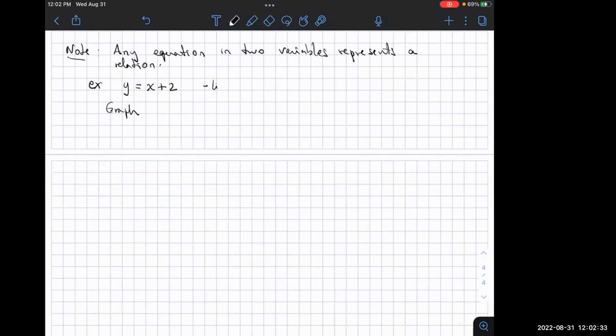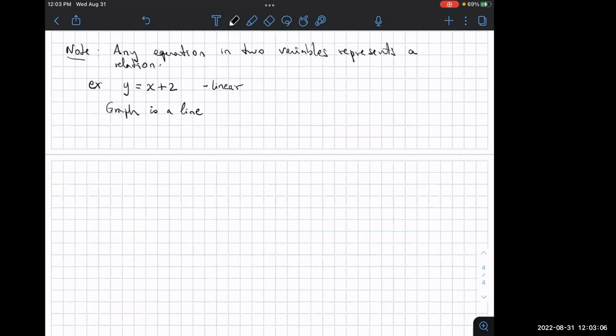Isn't it a straight? Parabola? Not quite a parabola. It will be a parabola if it has an x squared. Okay, remember that. Now there is no x squared, so it's not a parabola. Now this is called linear. Okay, and it's not a coincidence that it starts with the word line. So the graph is a line. This is a linear relation.